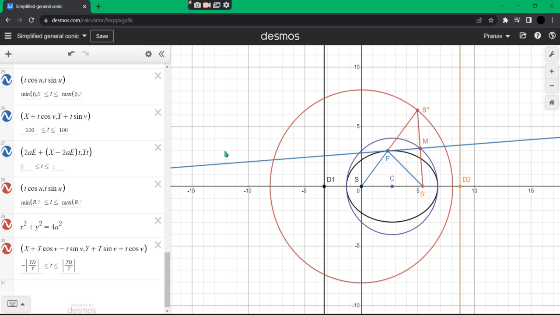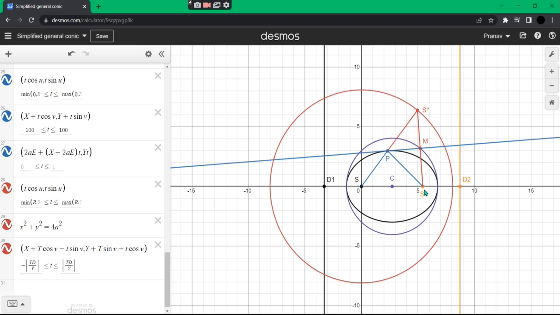Whatever this angle is, it's the same as its vertically opposite angle. You have this side which is the same, and you have these right angles. So this is actually important.